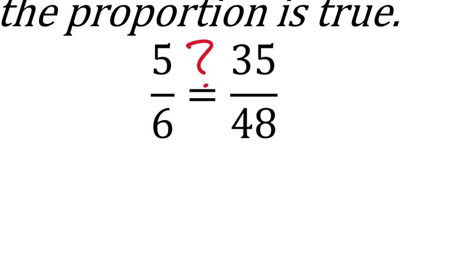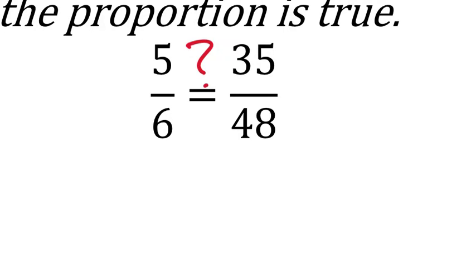So 5/6, we can actually look at these as just fractions. 5/6 right here, that can't be simplified. Can 35/48 be simplified? Well, 35 is divisible by 7 and 5, where 48 is not. So that would be considered the most simplified as well.